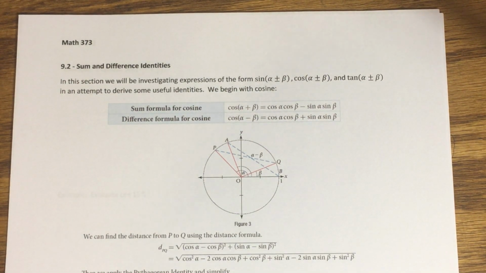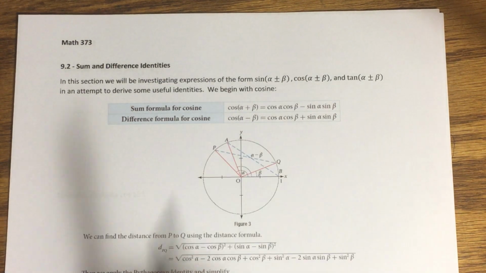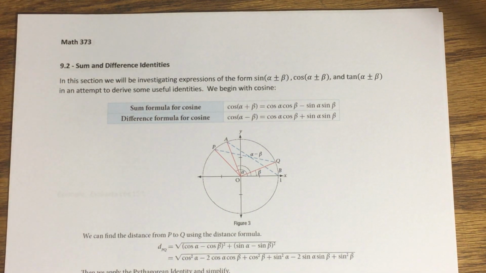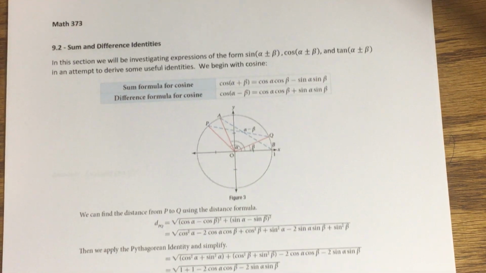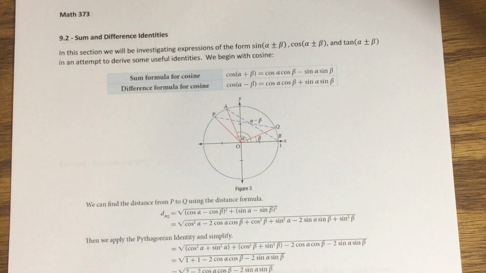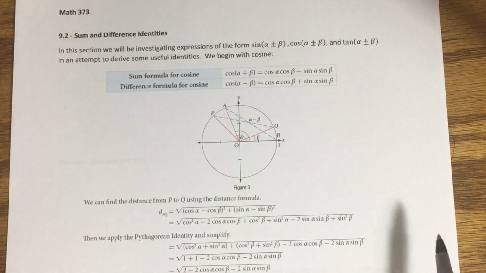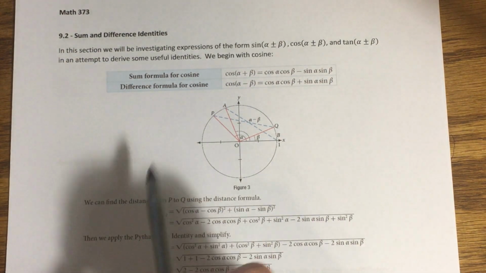And what we want to do is come up with a way of expressing those without the sum or difference occurring on the inside there. So we're going to do some work to derive these sum and difference identities, starting with the cosine function, and then we're going to work through some examples of how to use them and how they're useful for us. So let's start with the sum and difference identity for cosine.